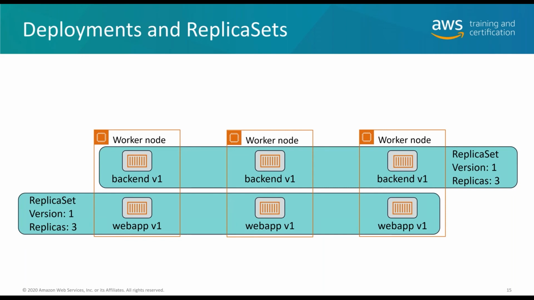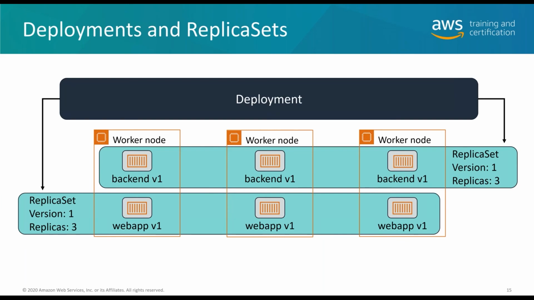And so there's actually a replica set for each of these different deployments that basically says, oh, you're only running 2 backend services? Let me start a 3rd. So a replica set is an API object that monitors your deployed applications to make sure that the requisite number that you told it to run is always running. And that's all just a deployment.